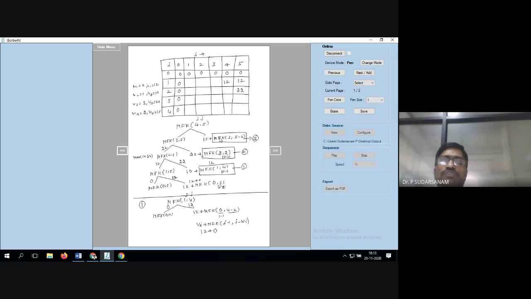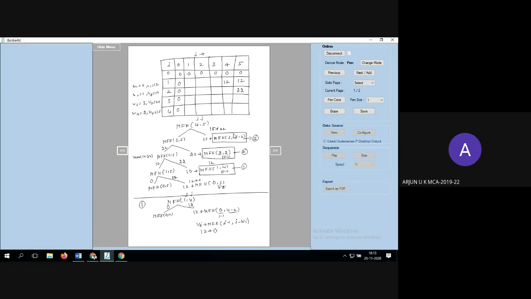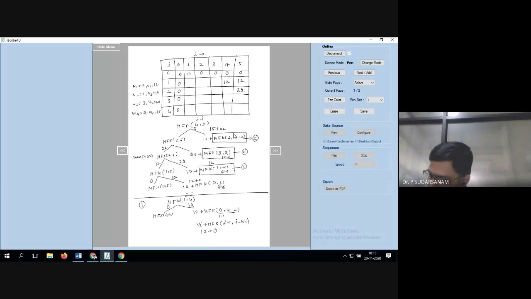So now 15 plus 22, how much? 37, sir. 37. Now this side 3 comma 5, 22 only. So now this one is maximum of 22 comma 37. How much? 37.